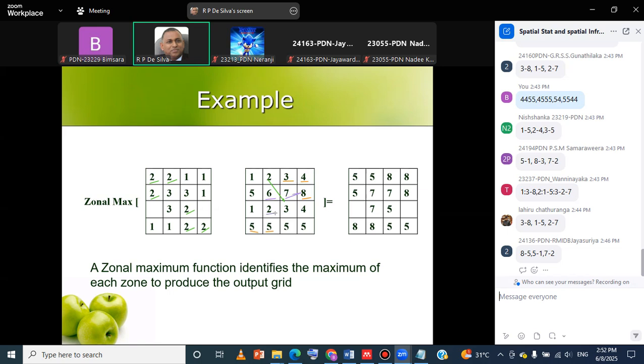Maximum is 7, minimum is 2, range is 5. So you put 5 for that range. That's how you produce the output. So all the cells of that zone, you give the same value. If it is zone 3, value is 5, all 3 cells you put the value 5 in the output grid. Okay? Any doubts?